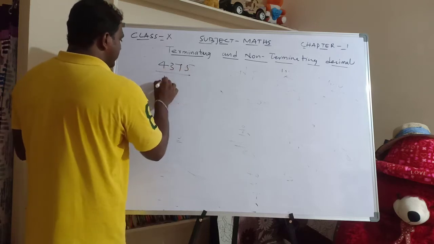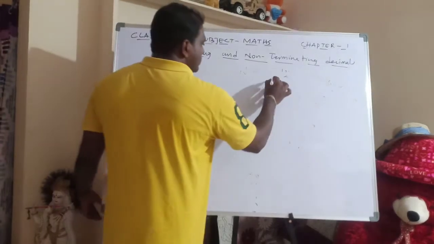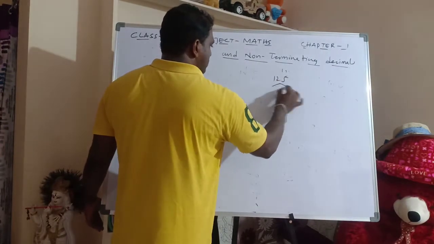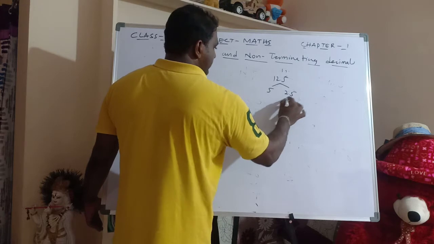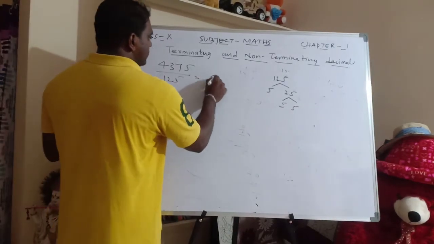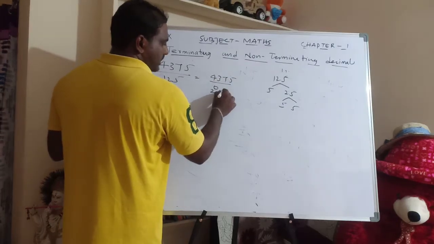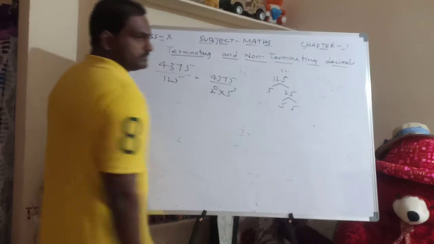4,375 divided by 125. Whether it is terminating or non-terminating, let us check. So 125. Obviously, we have to check in the 5 table. 5 25s, 5 5s. 125 can be written as 5 power 3, so 4,375 by this is 2 power 0 into 5 power 3.